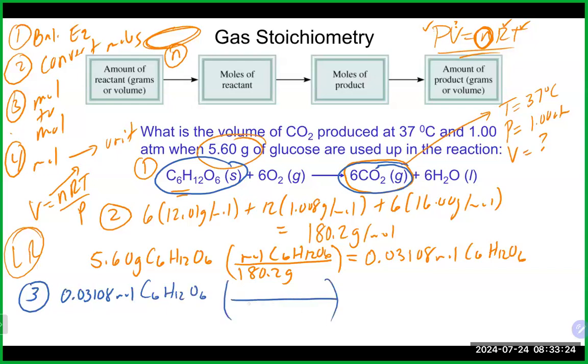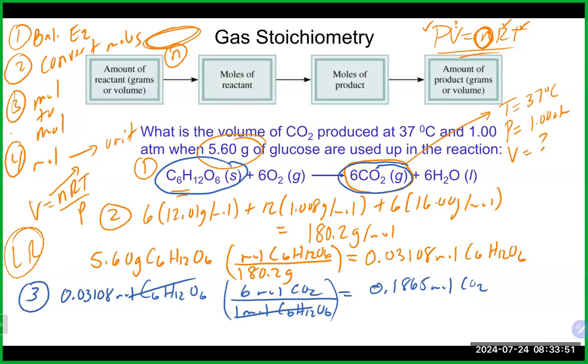Using our mole-to-mole relationship from the equation, 1 mole glucose gives us 6 moles of CO2, and that is our stoichiometry part. The moles will cancel, and that will get us here basically times 6, 0.1865 moles of CO2. Any question on that so far?